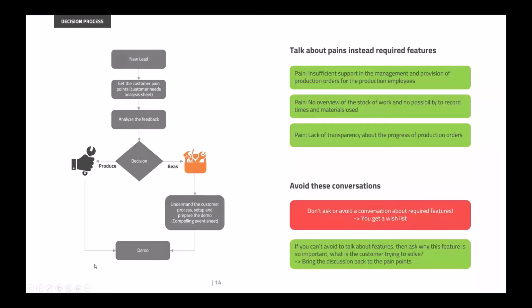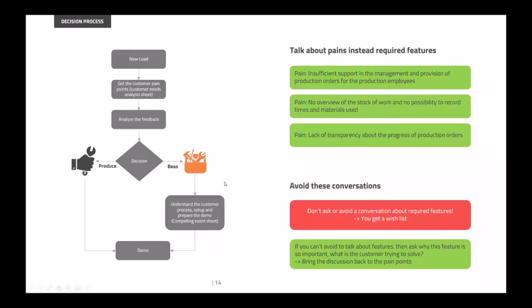In the case of produce, we don't need an additional tool for that. You can start more or less out of the box with a standard database to show the customer the produce application. So the demo approach is very different also in this case.